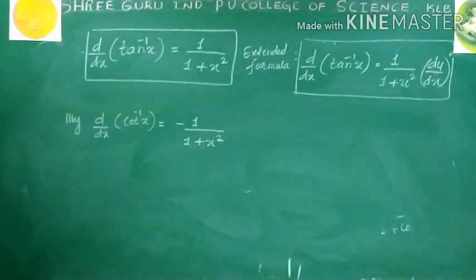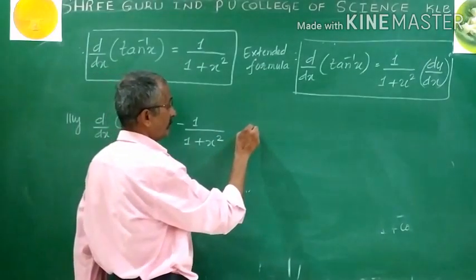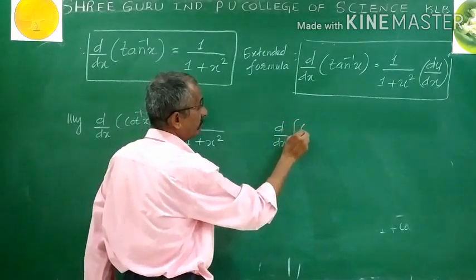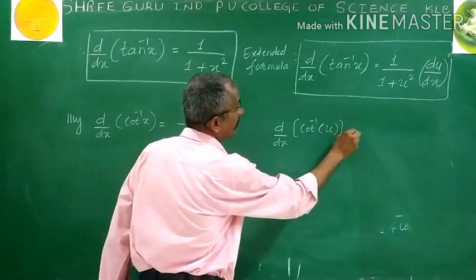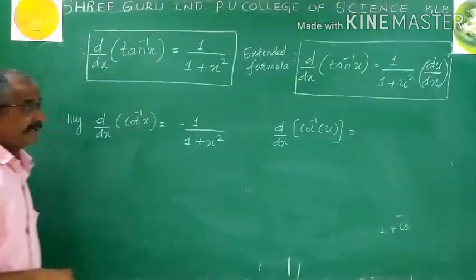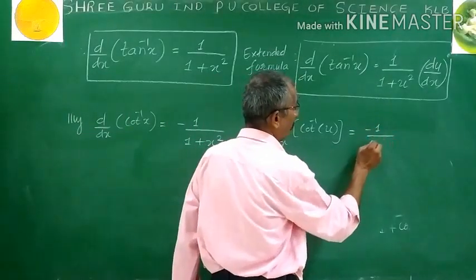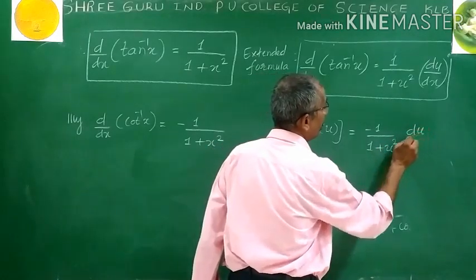This formula can be extended for any function. The extended formula: the derivative of cot inverse u, where u is a function of x, is minus 1 by 1 plus u square into du by dx.